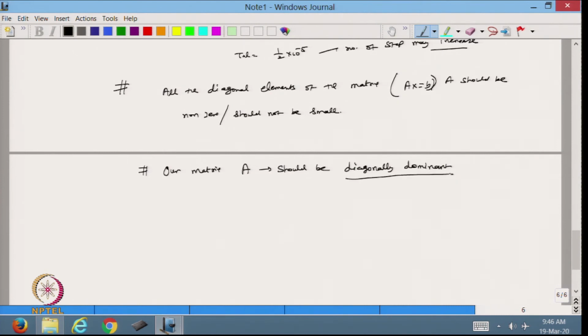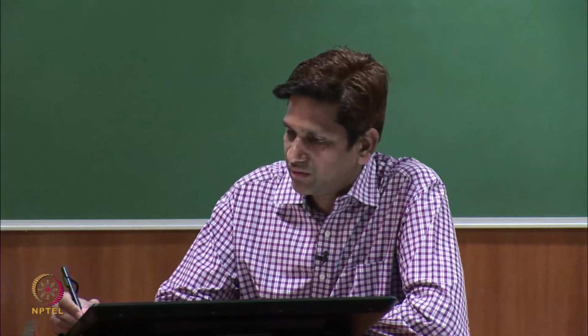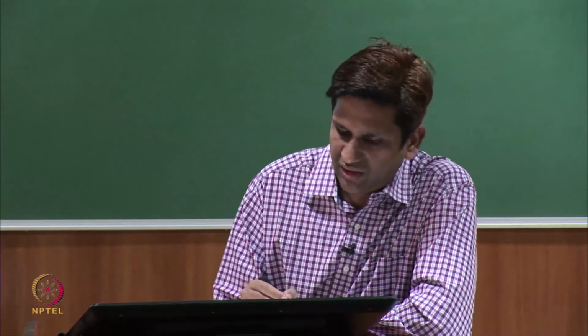The same condition was needed when we were dealing with the Gauss elimination process or the LU decomposition process. In that case also the diagonally dominant matrix was needed. And we know that this is a sufficient condition.